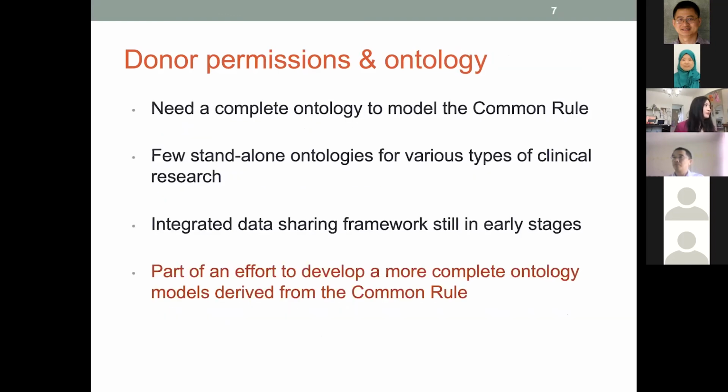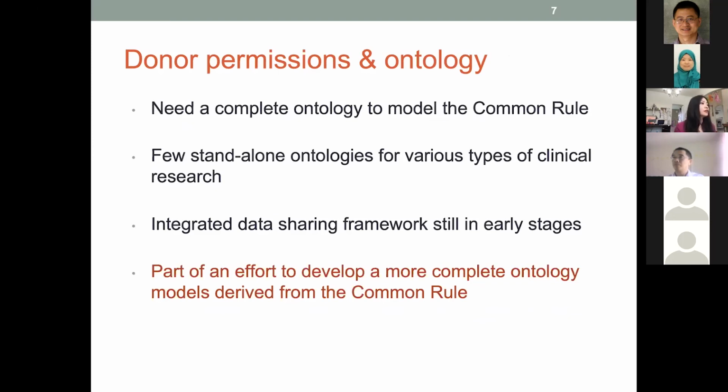So how does our study relate to ontology? Due to the challenges to broad biospecimen and data sharing, there is a growing consensus that we need a complete ontology to model the Common Rule. And there are a few standalone ontologies for various types of clinical research, but an integrated framework is still in its early development stages.